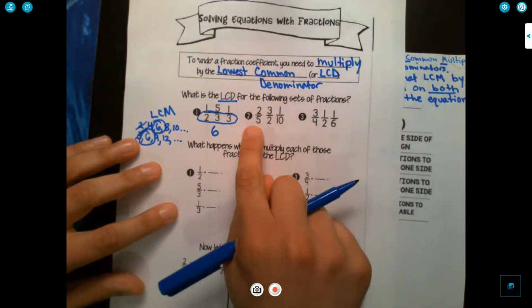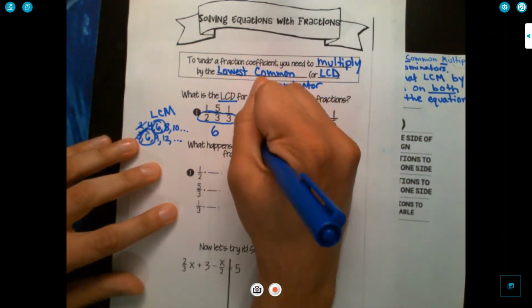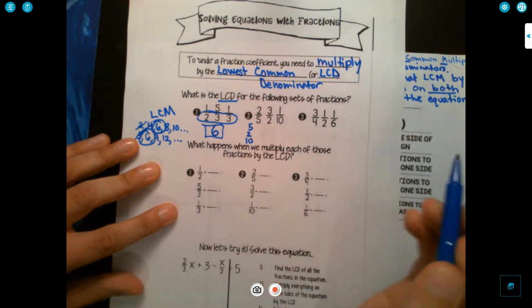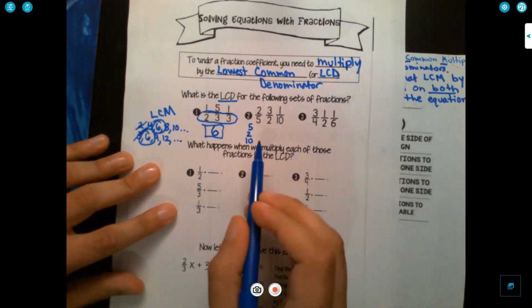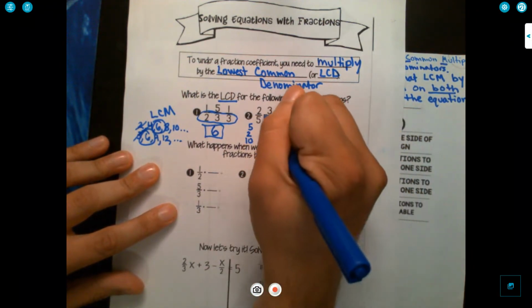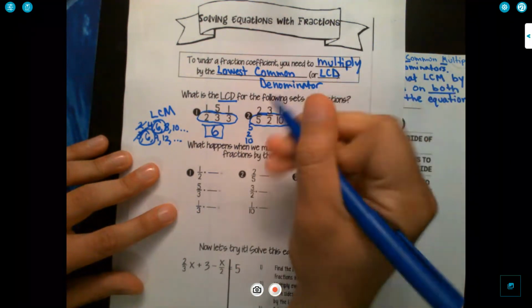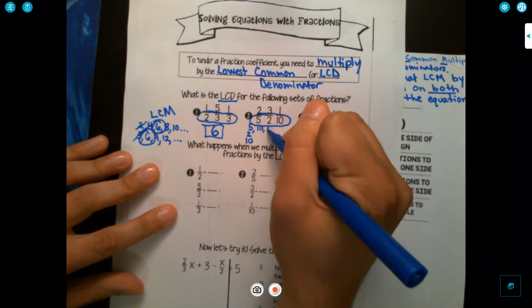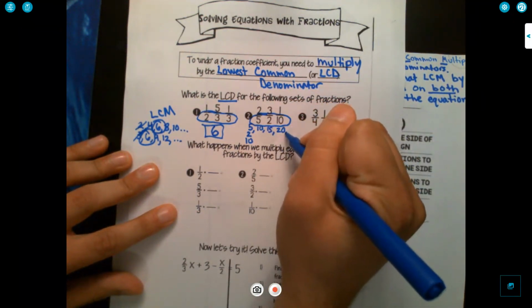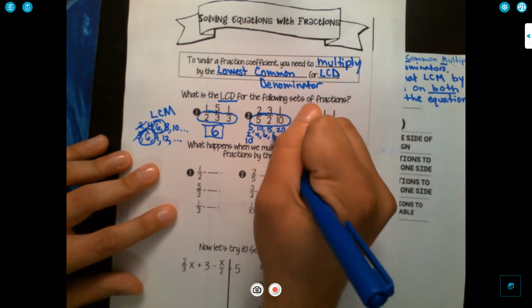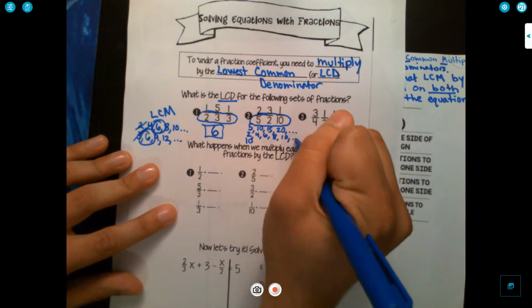Let's get comfortable finding the lowest common multiple or the lowest common denominator. All right, so we have 5, 2, and 10. I'm going to write those out, and box in the answer because they want to know the lowest common denominator. Remember, we're just looking at the denominator, so I'm going to count in multiples of 5: 5, 10, 15, 20, and so on. 2, 4, 6, 8, 10, and so on.